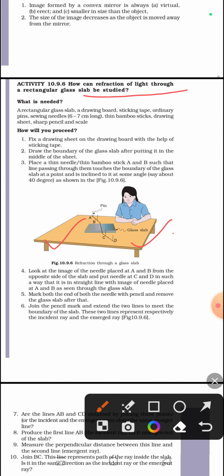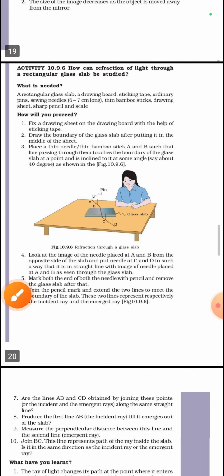Glass slab shows the lateral displacement. In this way, light goes in a straight line, but when it emerges from the glass slab, it is slightly parallel to the original direction. You can show this activity.